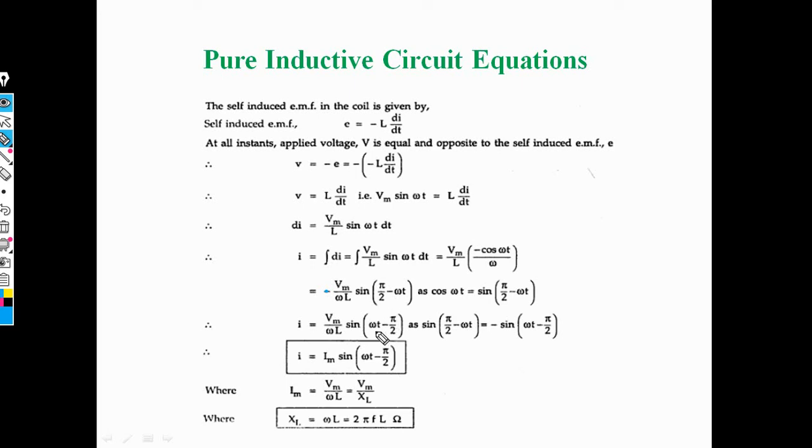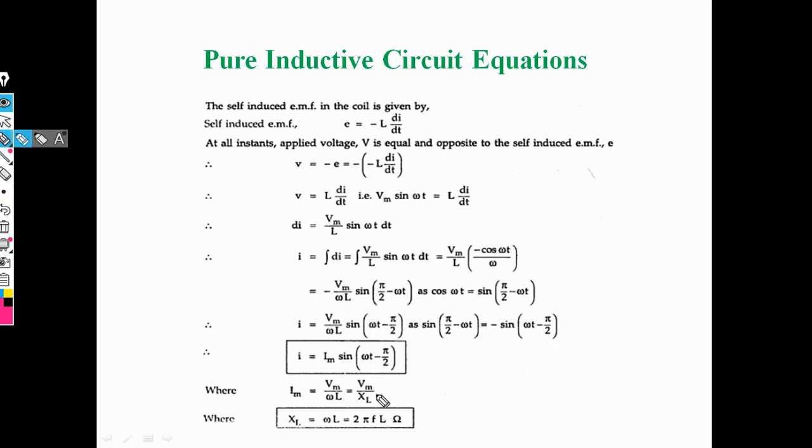Minus omega t is taken as positive omega t, and plus pi by 2 is taken as minus pi by 2, because we have applied the minus sign in this bracket. So we obtain I = Vm/(omega L) sin(omega t − pi/2). The important thing is that the signs are interchanged in this bracket.